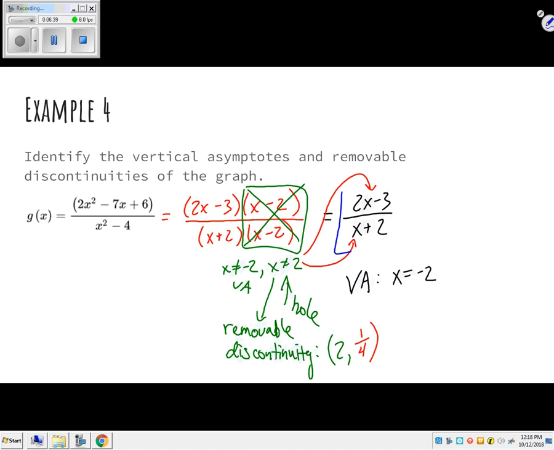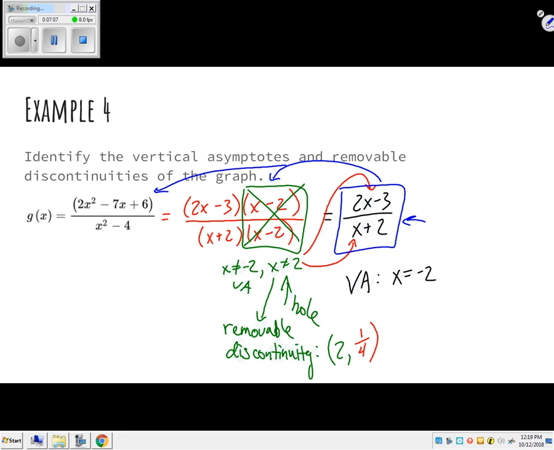Okay? I know that seems weird, just a little bit of as to why this works. What happens is this reduced equation right here looks very similar to my original equation, or even if you want to draw an arrow to this original equation. So much so that they look exactly the same at every single point on the graph except for one point. And yeah, you guessed it, that one point is at the point 2, 1/4. What happens is this blue box right here, it does not have a hole at 2, 1/4.